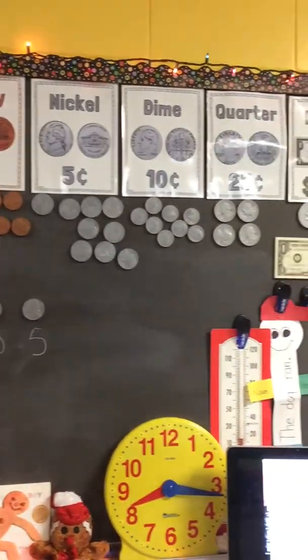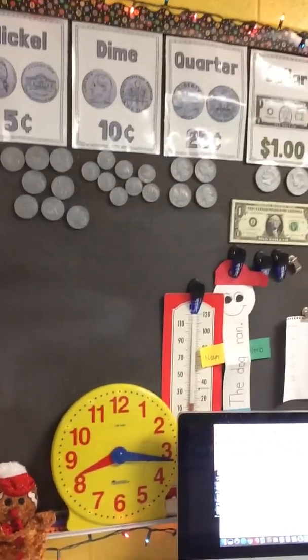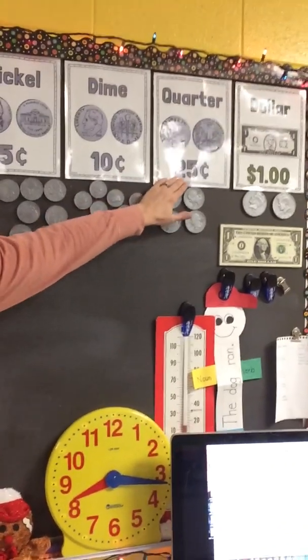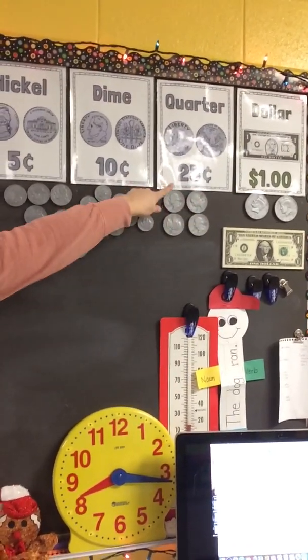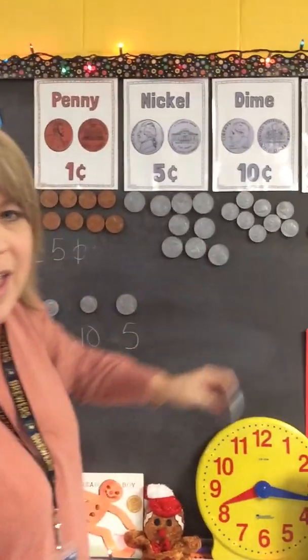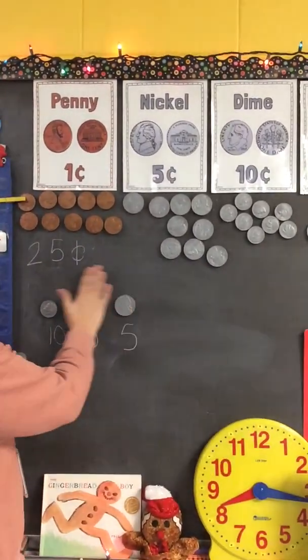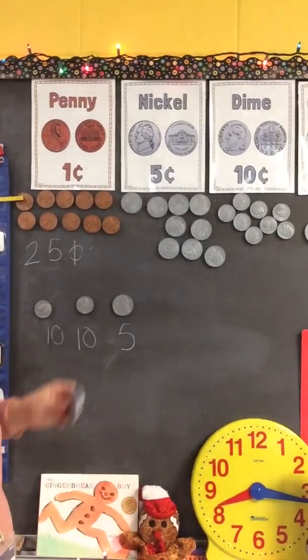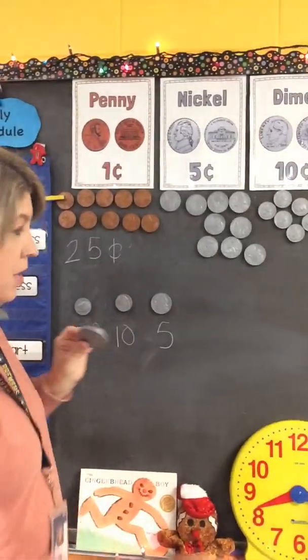What coin is worth 25? Can you tell? I'll fix my posters here. Yes, there's a coin that's worth 25. It's the quarter. So today we could actually trade all of these coins for just 1 quarter. So let's do that.